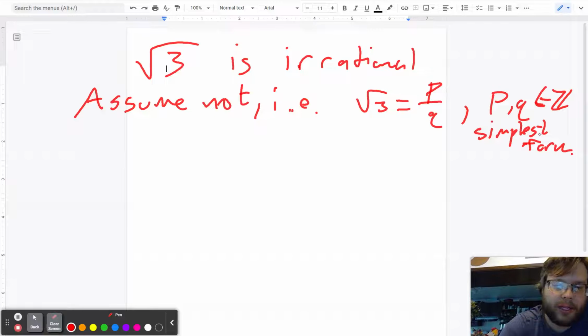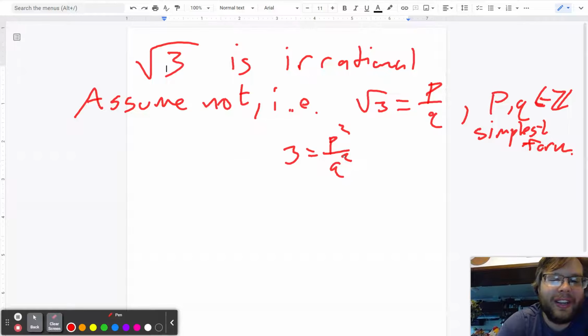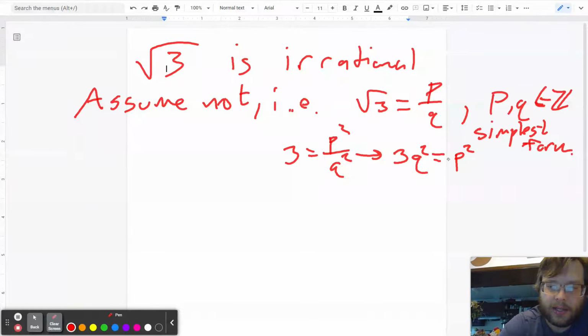Okay, so then what I could do is square both sides. So then I get 3 is p squared over q squared, and then that means that 3q squared is equal to p squared, and this implies that p needs to equal 3 times k for some k in the integers.